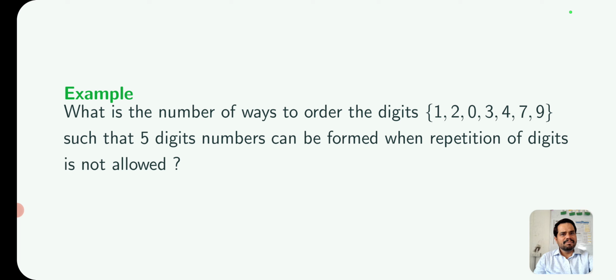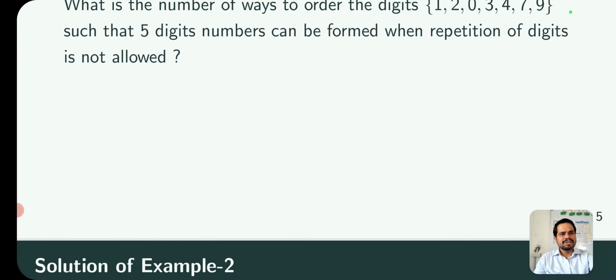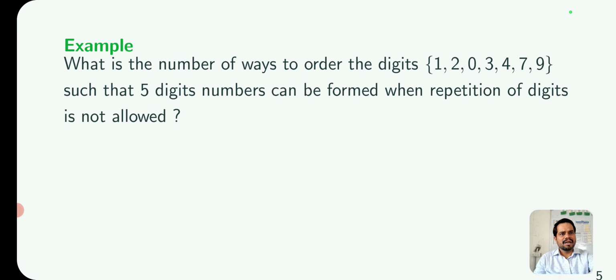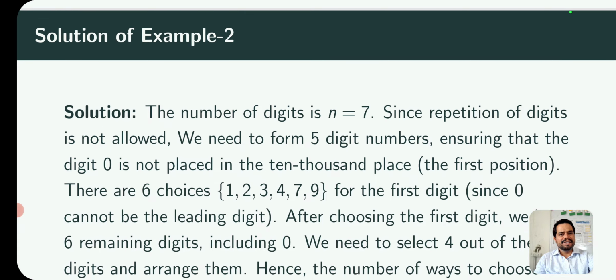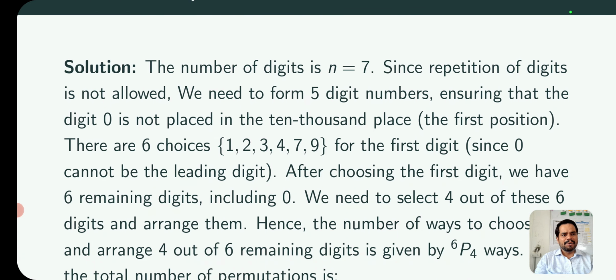So how can we form the 5-digit number? How many digits are given? Yes, 7. The repetition of digits is not allowed here, and we have to form a 5-digit number.